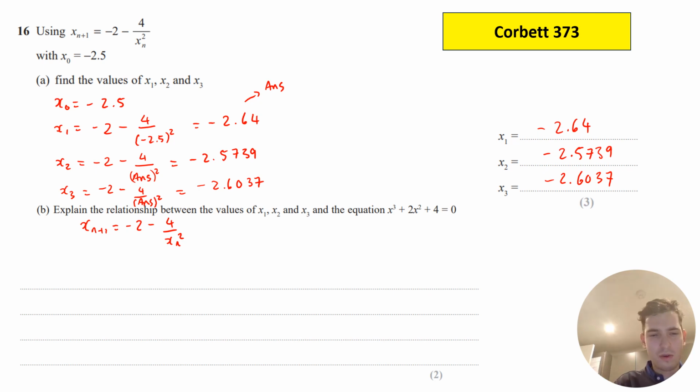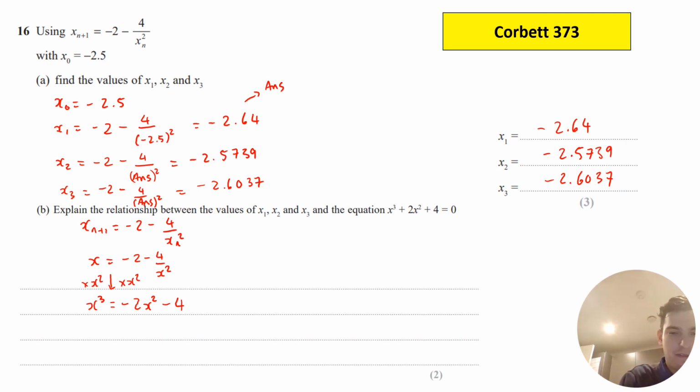Well, if I just call both of the x's just x, so let's call it x equals minus 2 minus 4 over x squared. Now, if I rearrange this formula by multiplying everything by x squared, I'm going to have x cubed equals minus 2x squared minus 4.